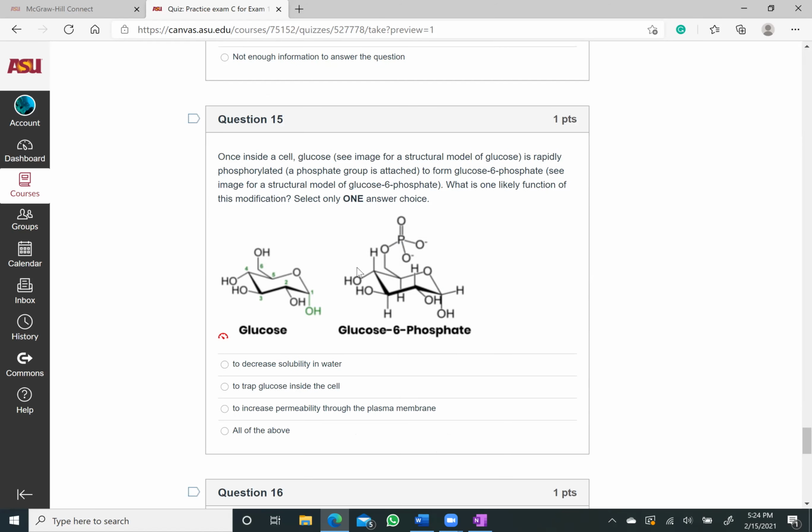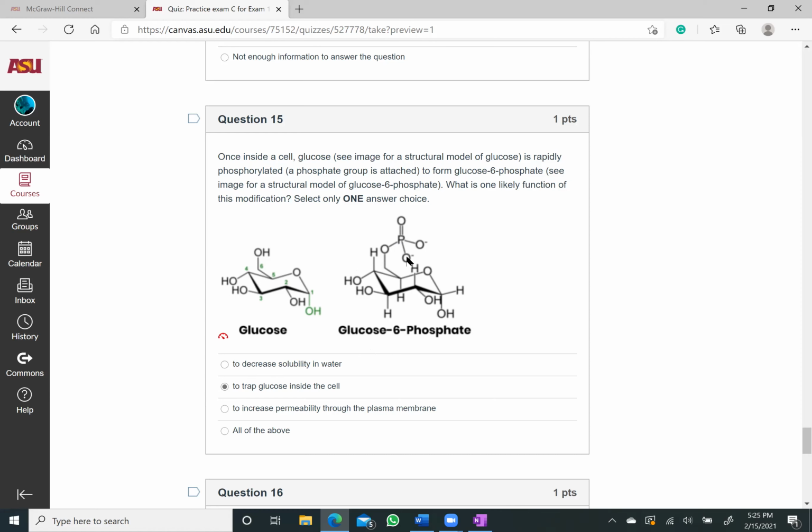Okay, so this next one, we have glucose and it's rapidly phosphorylated once it's in the cell. Does anybody know why this would happen? Anybody? Okay, so this is to trap it inside the cell.